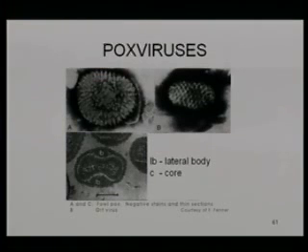It just tends to cause a single or a few eruptions on the skin. It's not a huge problem, but you can get infections with Orf virus. But the one that we are most concerned about, of course, is smallpox. So smallpox is a member of this family, and another member of this family is vaccinia, and that's the virus that we use to vaccinate against smallpox.